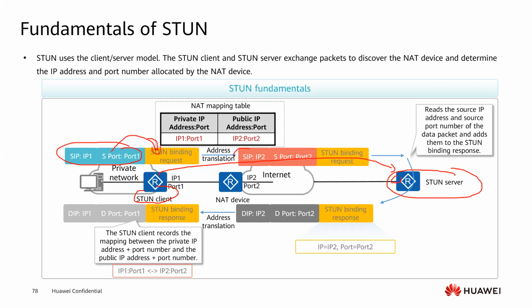And when it is sent out, of course, the source IP and source port will be changed, because this packet passes through the NAT devices and is sent to the STUN server. The STUN server will detect your source IP endpoint, which has been changed by the NAT devices, and put this IP endpoint into the binding request response and send it back.